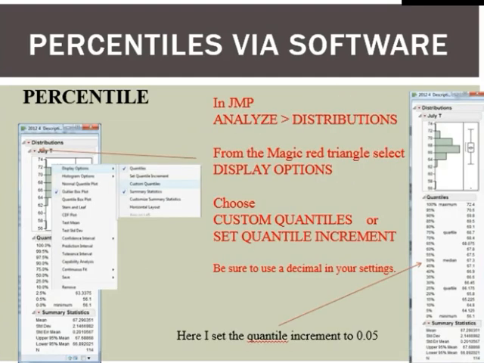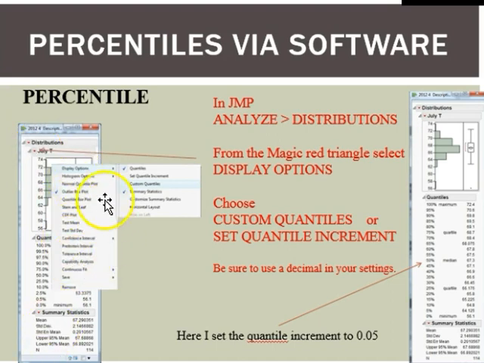As we saw before, in JMP, that standard output from the Analyze Distribution tab will give you some of your percentiles. These are predetermined based on what we might commonly want for some of our statistical analyses. But we can pull any percentile out that we want. We just need to go to the magic red triangle. So if you've done the tutorial, you would have figured out that almost anything you could want in a JMP analysis is going to be buried in one of these little magic red triangles.